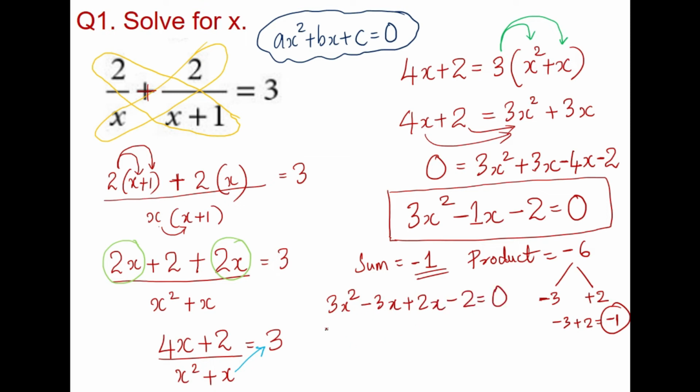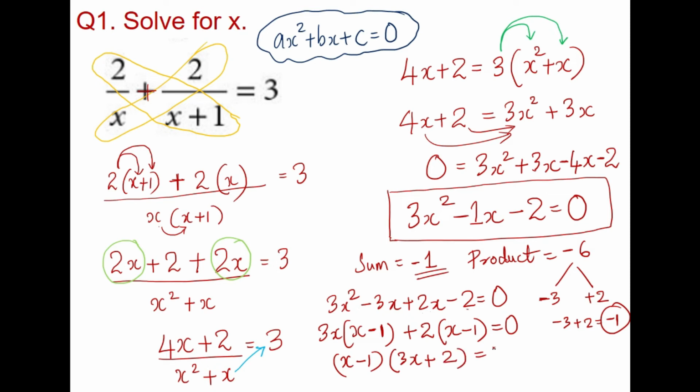The common term here is 3x. So inside the brackets, I'll have an x and minus 1, plus I have 2, the common term between these two. So the remaining is x minus 1 equal to 0. So finally x minus 1 within brackets I have 3x plus 2 equal to 0.